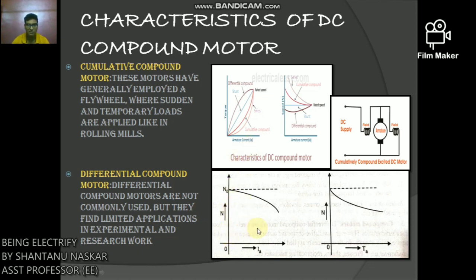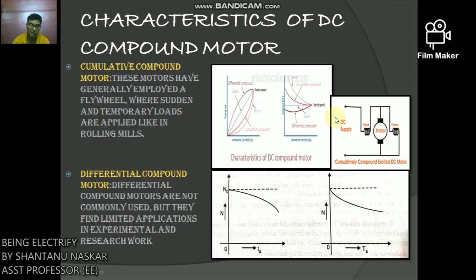So torque versus armature current of a cumulative compound motor. This curve. As the load increases, the series field increases, but the shunt field strength remains constant.